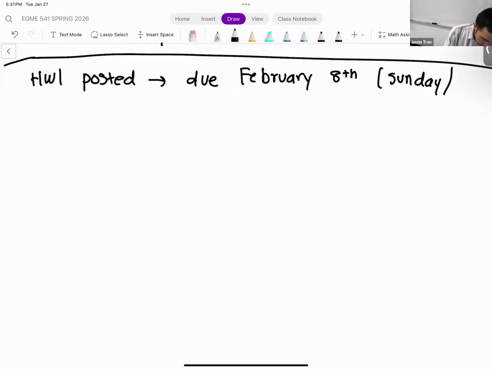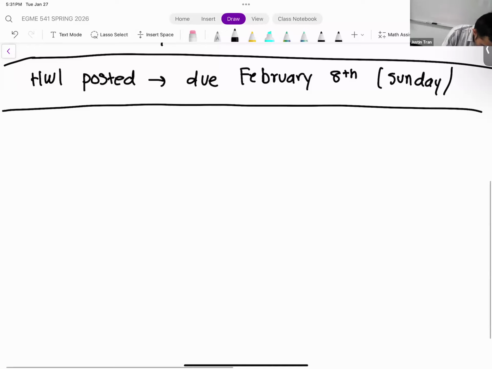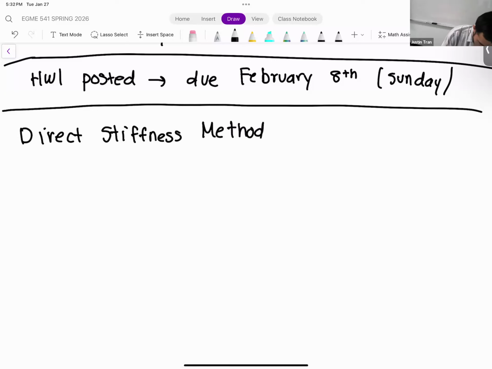Okay. So we were in the middle of going over the direct stiffness method. All right, so the direct stiffness method is our first exposure to the finite element process or the finite element method.